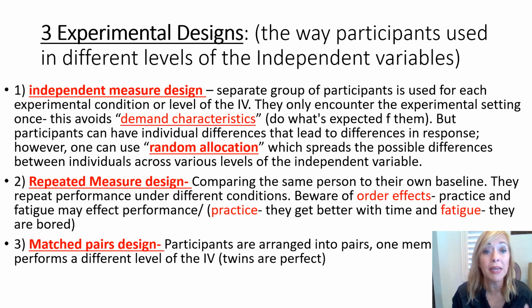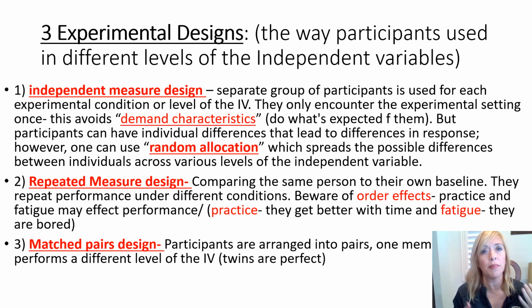Number two is a repeated measure design. When you're comparing the same person to their own baseline, they repeat performance under different conditions. And here's something that you need to also be aware of, order effects. When a person does a test over and over again, they get better at it because they're practicing it, and that's called order effects. And that could be an extraneous variable for a design. And then last but not least, you can also have fatigue effects.